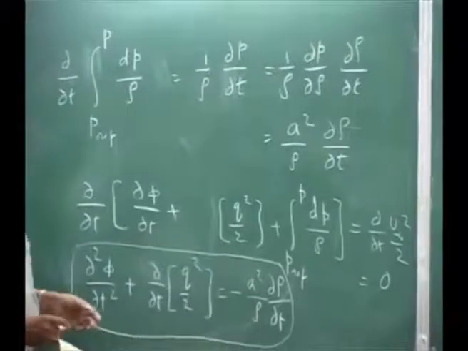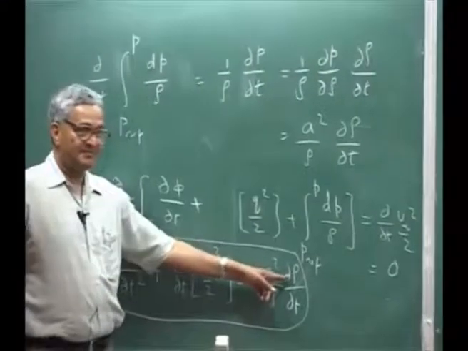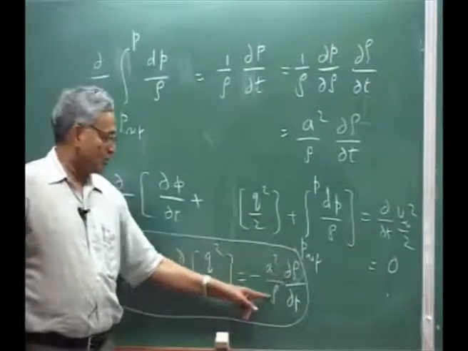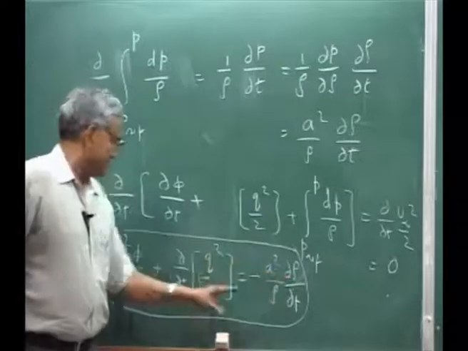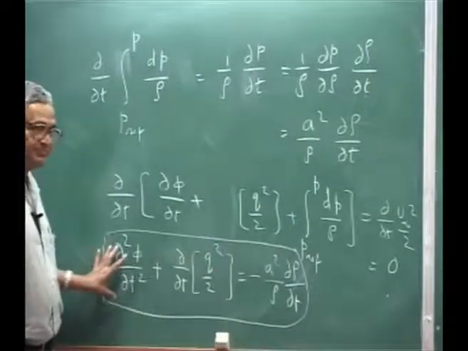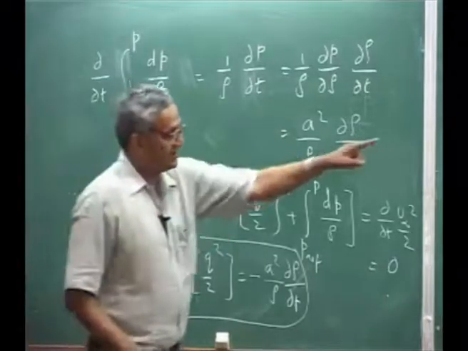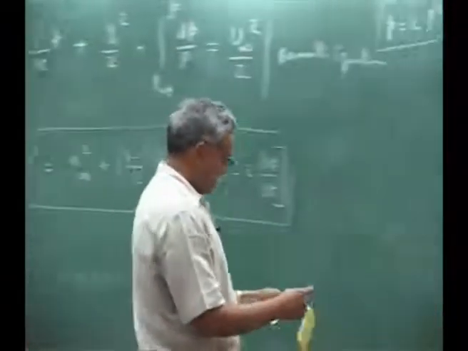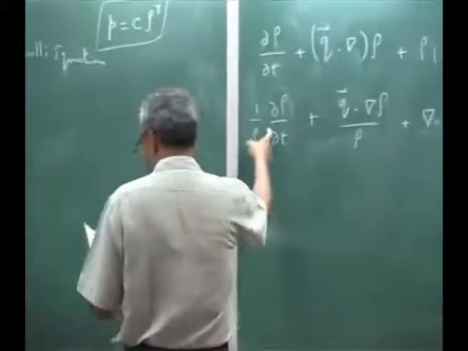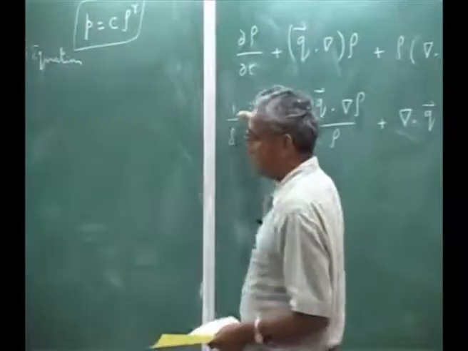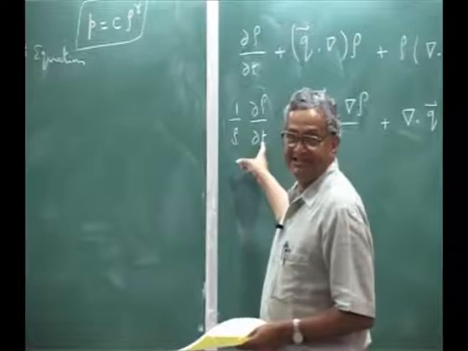That means I have an expression for 1 over rho delta rho by delta t as this term. Okay, so I will go and write here. This is nothing but 1 over rho delta rho by delta t.